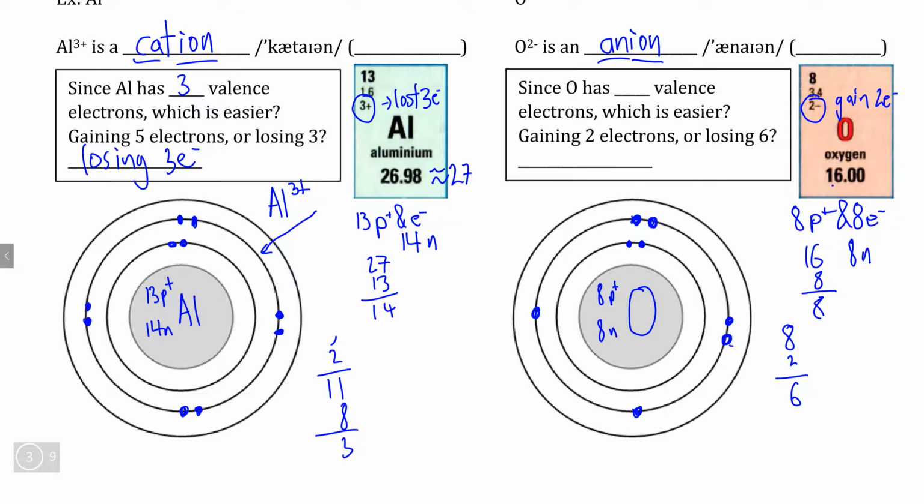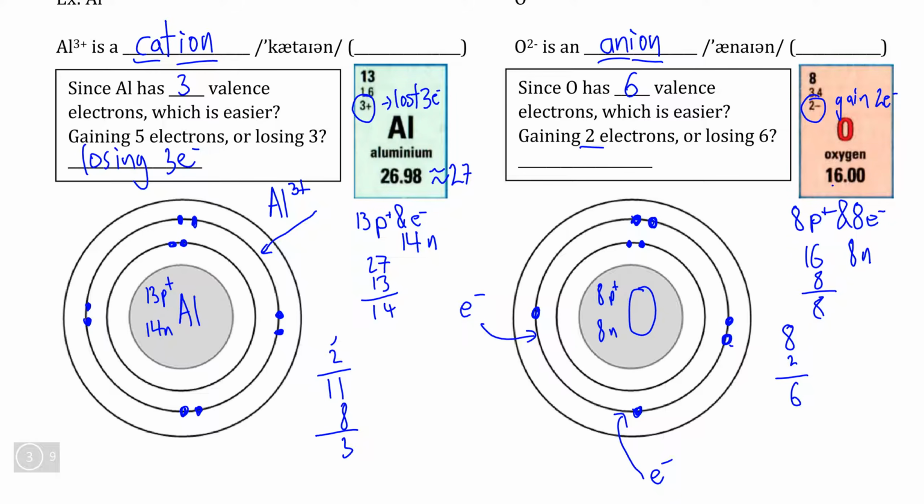Now with oxygen, we see that oxygen's outer shell has 6 valence electrons, but it needs 8, which means that oxygen can do what aluminum does and lose the 6 electrons in its outermost shell, or we can simply take 2 electrons and add them in to its outermost shell. So which sounds easier for oxygen, gaining 2 or losing 6?